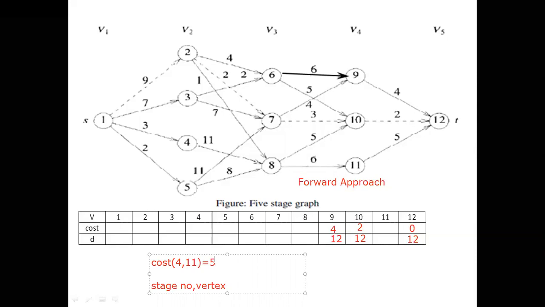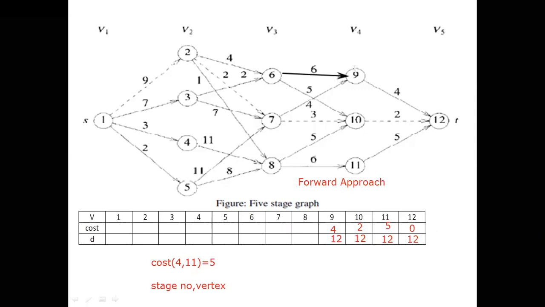Where should we write that one? In the 11th position. Why are we not thinking about 4? Because 4th is the stage, and our aim is the vertex number. In the 11th, what should we write? We should write 5. Right. And 11 is penetrating to which vertex? It is 12. I hope it is clear.